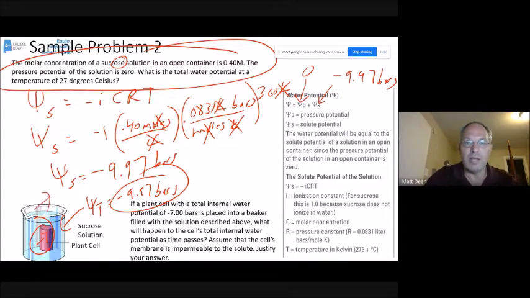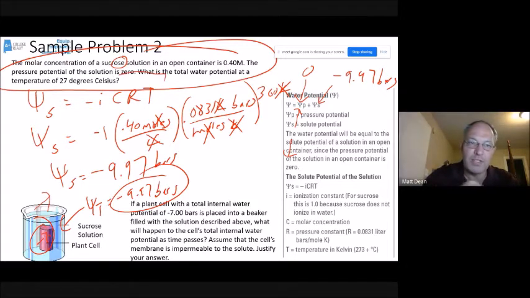So let's think about what that does to the total internal water potential of the cell. As more and more water moves out, the pressure inside that cell is going to go down. And also, as more and more water moves out, the solute concentration is going to go up because the water is not diluting it anymore.